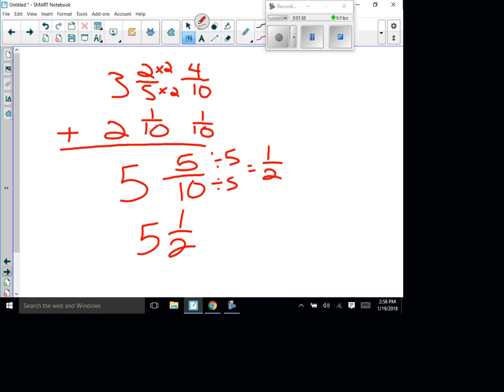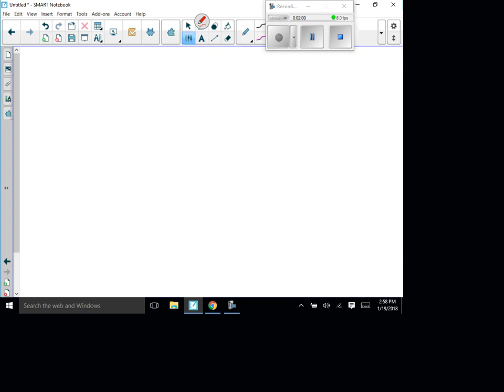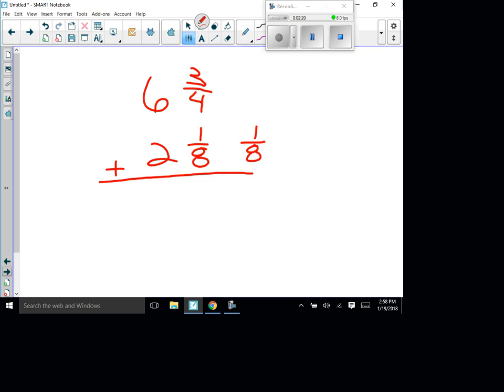And now let's move to the next problem. 6 3/4 plus 2 1/8. Once again, do the fractions first. So find a common denominator. I found out that it is 8, because if I made my list, 4 would turn into an 8 after the second time.